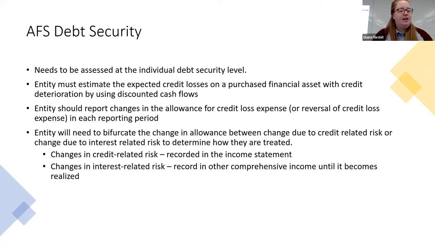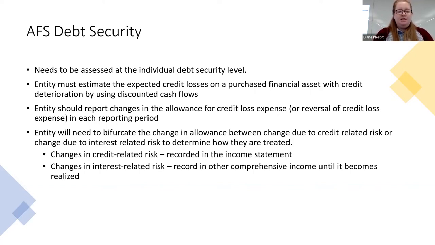If you're purchasing a financial asset with credit deterioration, you have to evaluate that. You do have to evaluate this each period. So similar to CECL, if you're going to be reporting interim GAAP financial statements, you should probably evaluate at those periods, but generally if it's just annual, that's also acceptable.